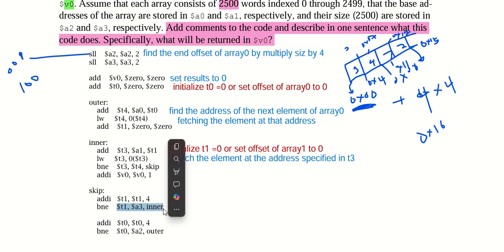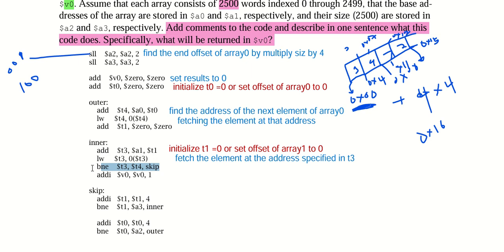Now that condition will be what, 4 times 2400, right? Where T1 has become 4 times 2400, because remember we multiply by 4 because they contain 2500 words, right? And we are increasing by 4, 4, 4, 4, 4 continuously. So that's what you see.